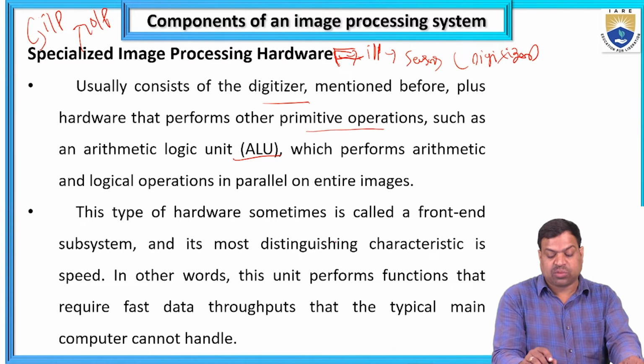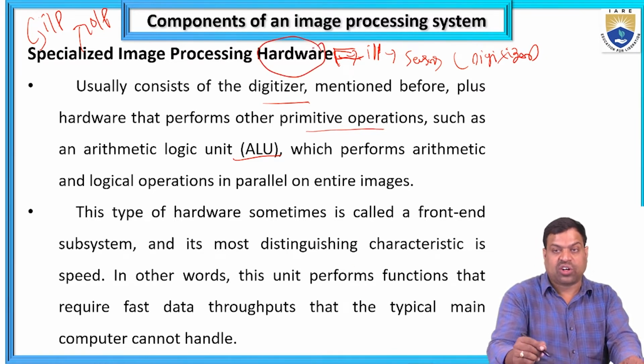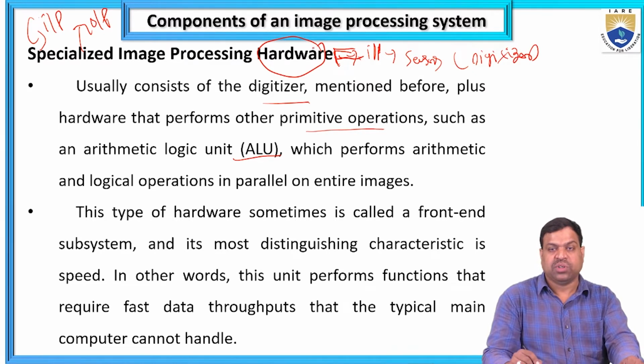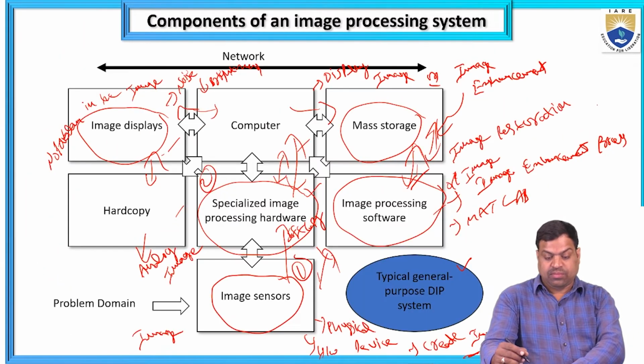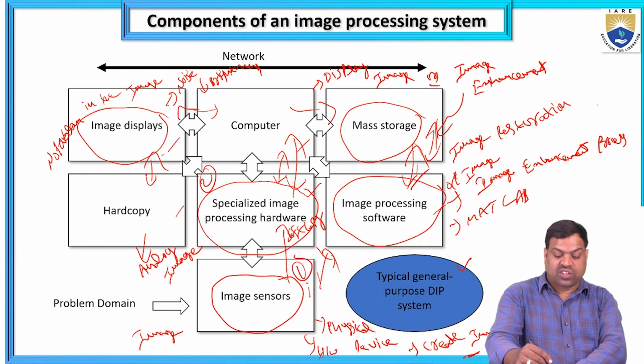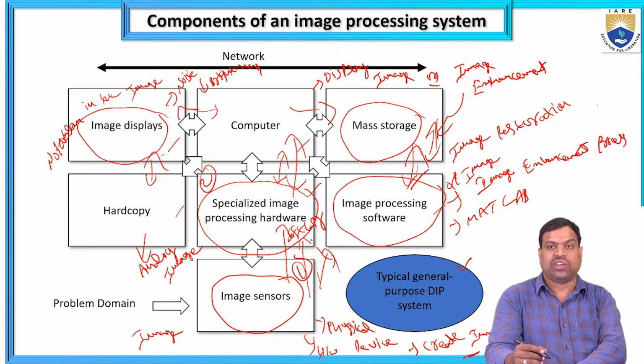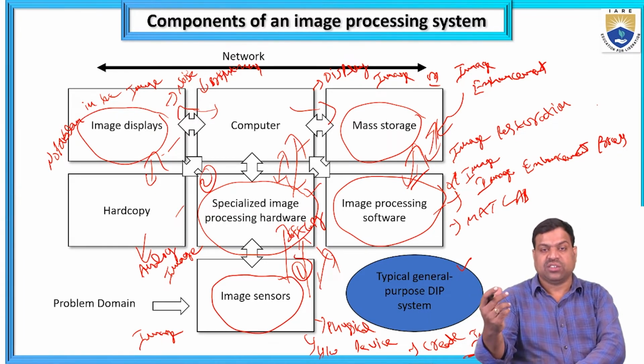This hardware is sometimes called a front-end subsystem, and its most distinguished characteristic is that the unit performs functions that require fast data throughput that the typical main computer cannot handle. Suppose image sensors capture the image and show it to the specialized image processing hardware. This hardware shows the digitized image.